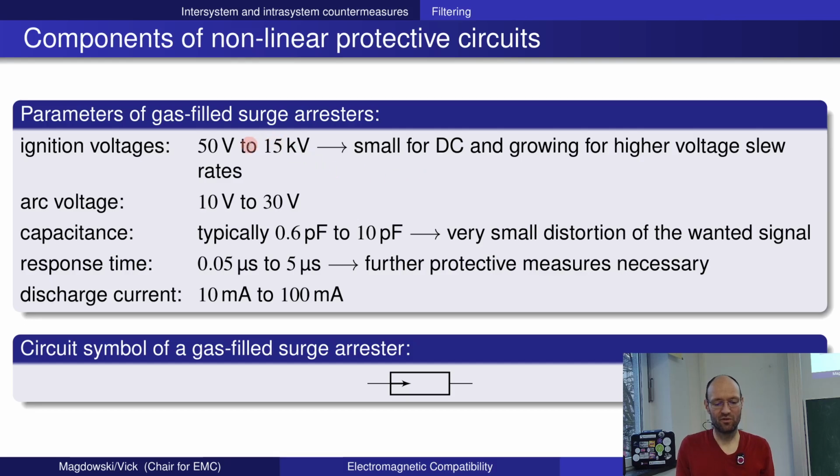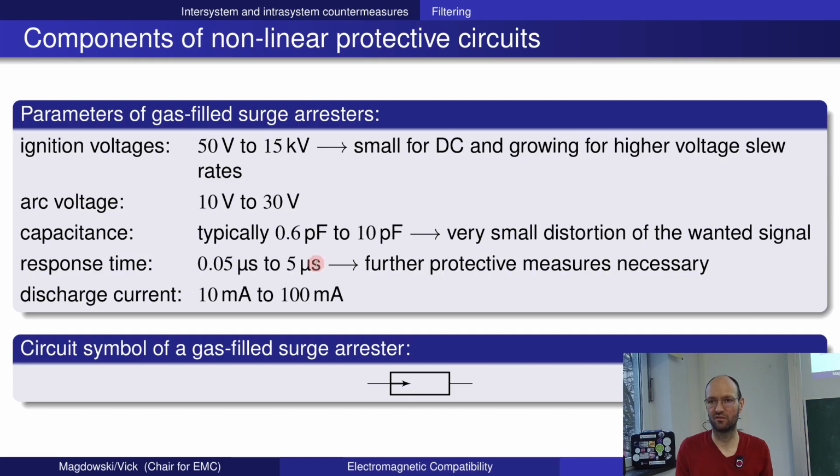Ignition voltages in this case are, as you can see, in a rather high voltage range up to some kilovolts, and then the voltage of the arc that is burning inside there is just some tens of volts. There is some parasitic capacitance that is very small, just some picofarads, so the disturbance of wanted signals is very small, but it also needs to be combined with some faster acting devices because the response time is not so great.